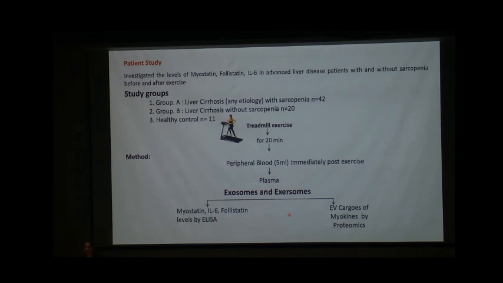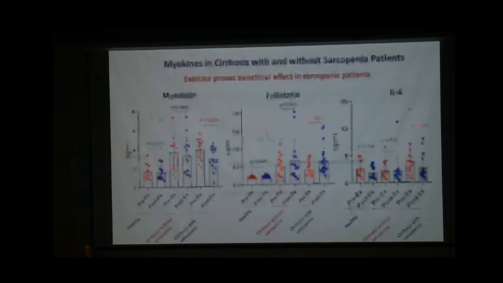The term exersomes I am using for the exosomes released after exercise. Myostatin, IL-6 and follistatin were measured, and we also did some proteomics to understand what kind of proteins are released after exercise in healthy versus sarcopenic or non-sarcopenic cirrhotic patients.